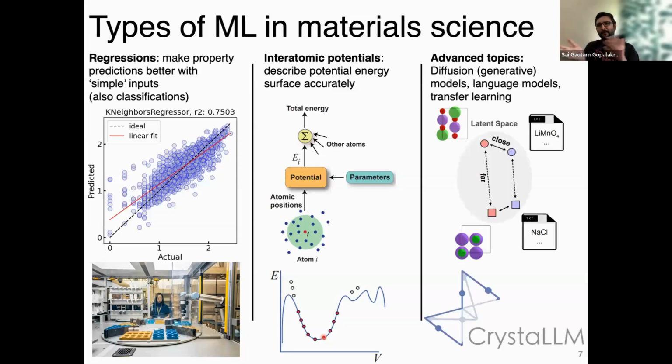Third one is more advanced topics. I'll also cover a bit of this in the last half of my talk. This is where diffusion models are being used to generate crystal structures.